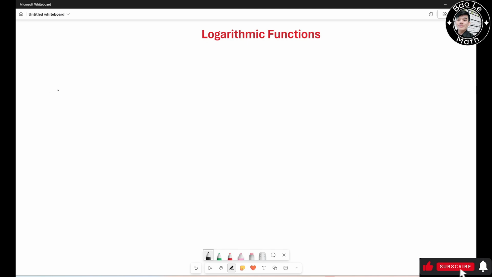Alright, so next we're going to learn how to sketch a logarithmic function. How do we know the function is going up, down, left, right? So we know that if I just write ln, which means log base e, right? But if I just write log like this, which means log base 10, right?